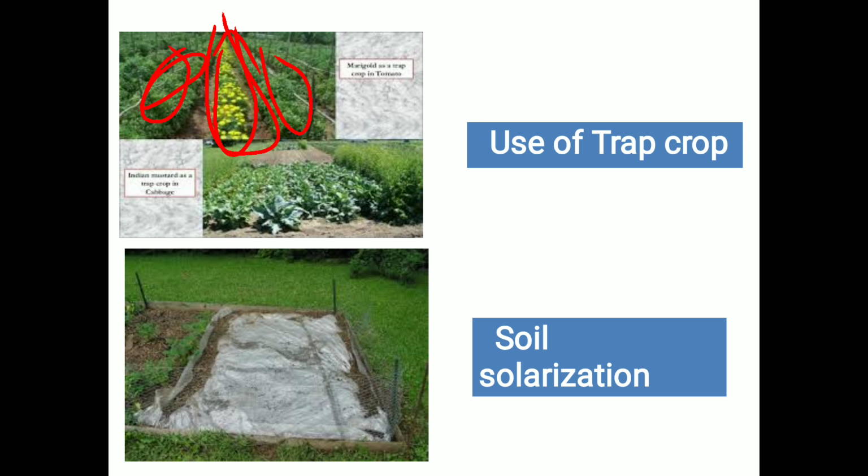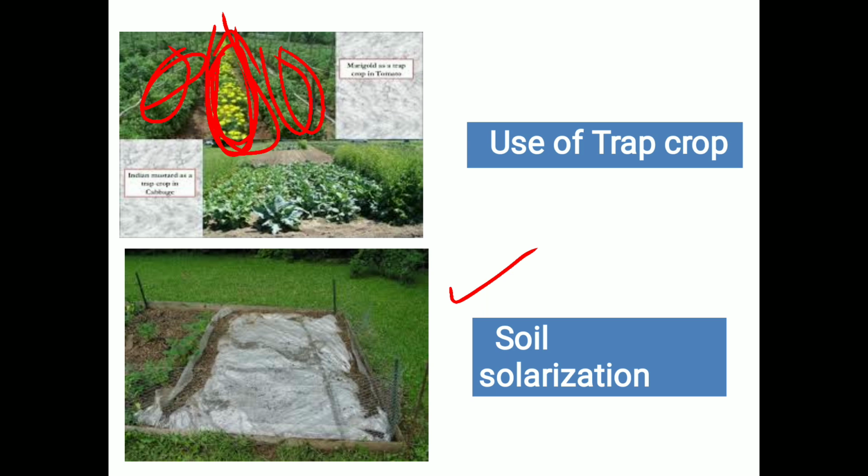Also, different types of sucking insects are attracted towards the flower of marigold, and due to that our main crop is protected. So that is the role of a trap crop, to trap the pathogen or pest which is harmful to the main crop.